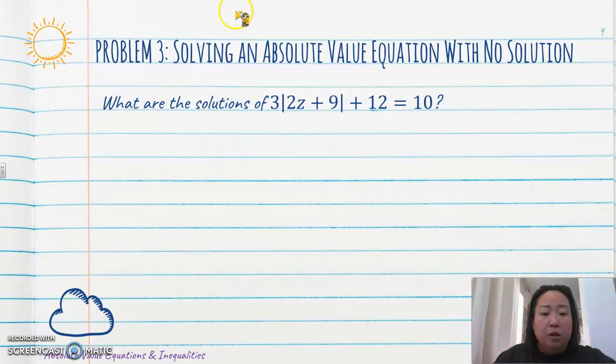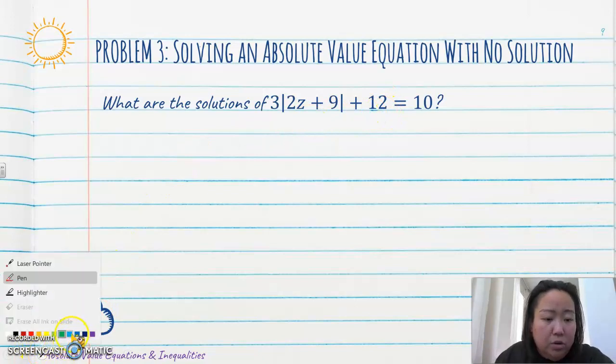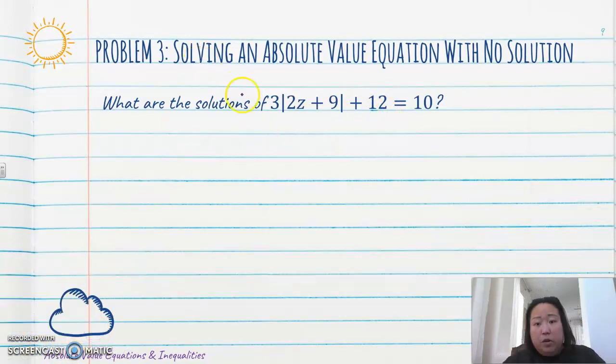So if we need to isolate our absolute value, you can imagine this is like 3x plus 12, where x is our variable. So which will you work on first? Is it the 3 or the 12? We always start with subtraction or addition first, so we will be subtracting 12 here.